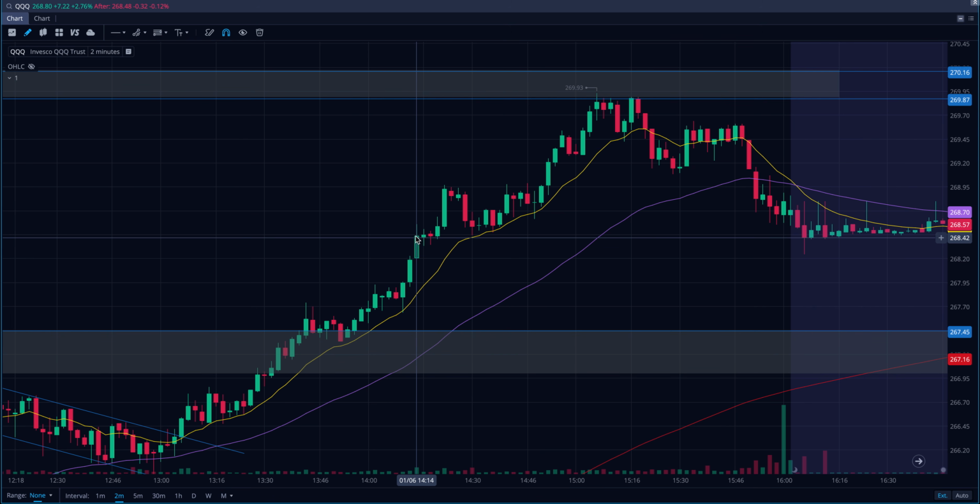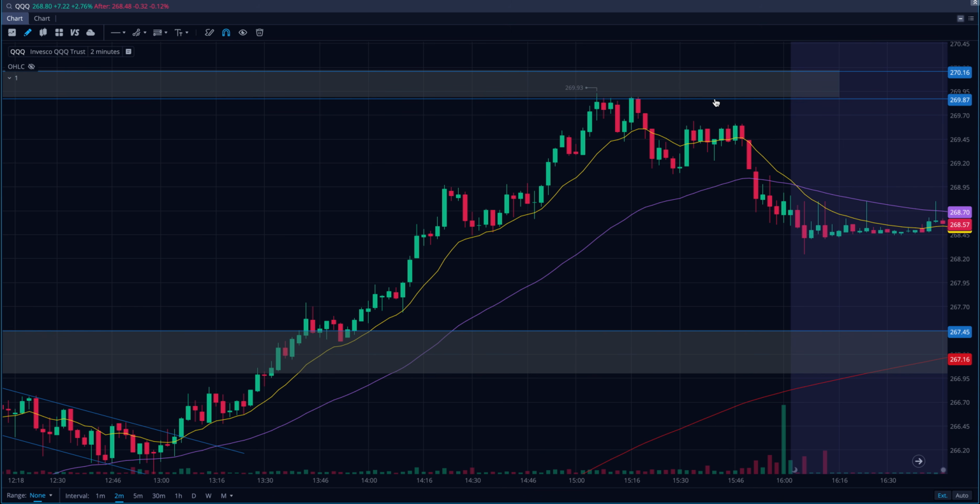So I'm selling these overextended pops and re-adding on these dips, basically until the 13 EMA breaks. And I'm just letting it ride. I'm entering here. I said I'm holding until the 13 EMA breaks, hopefully all the way up to our 270 zone, which is exactly what we saw.